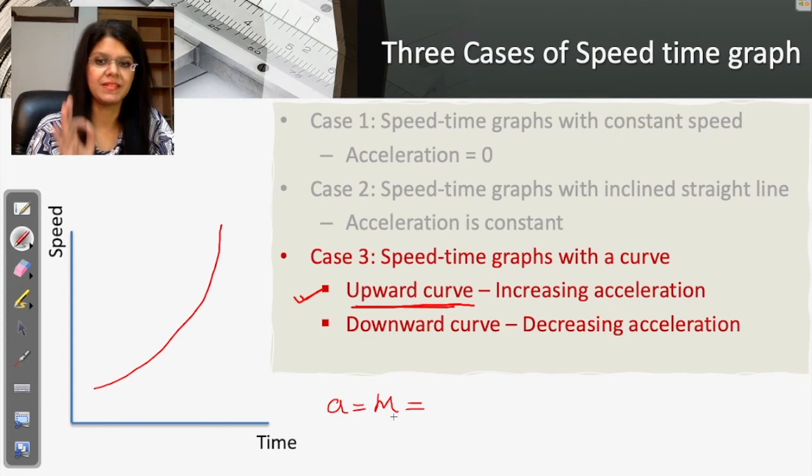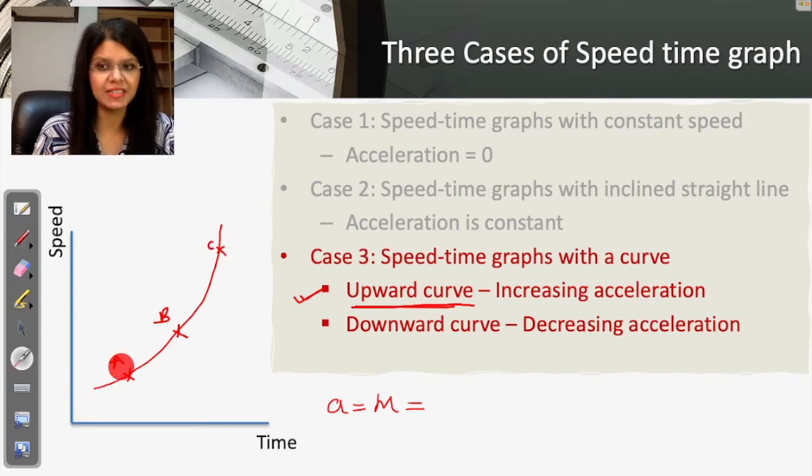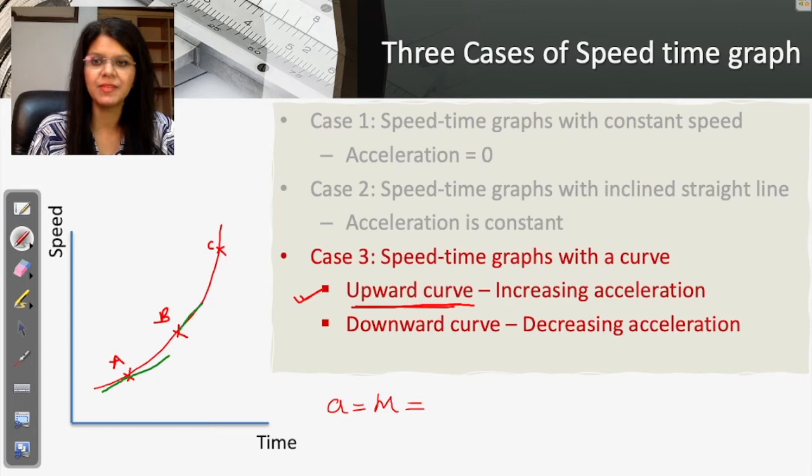Let us find the gradient at various points: point A, point B, point C. Since this is a curve, to find the gradient at a point on a curve, you have to draw a tangent at that point. So let's draw a tangent at point A, point B, and point C.